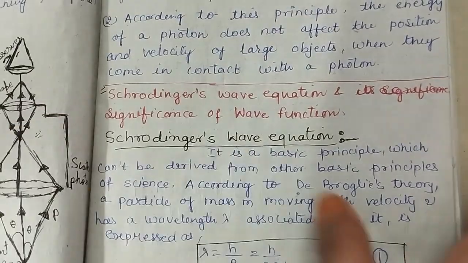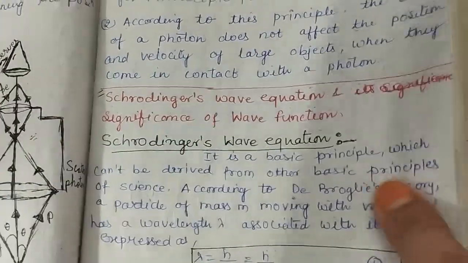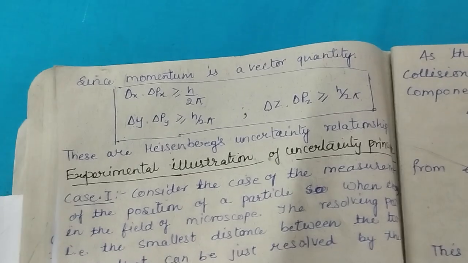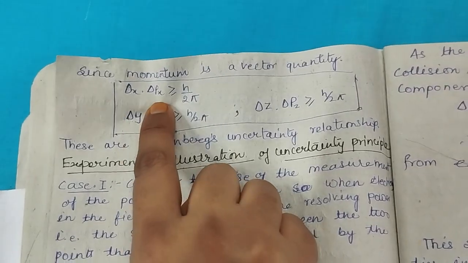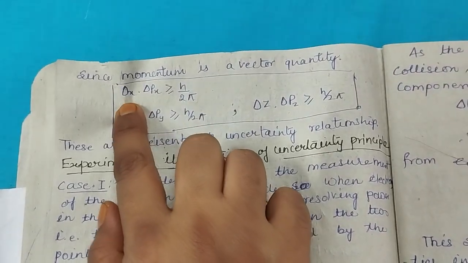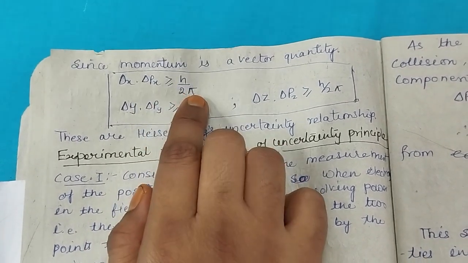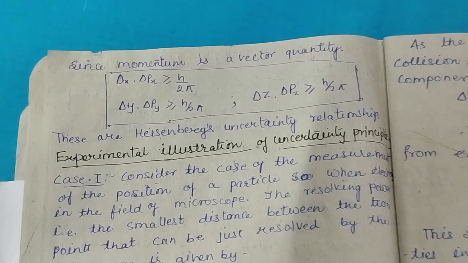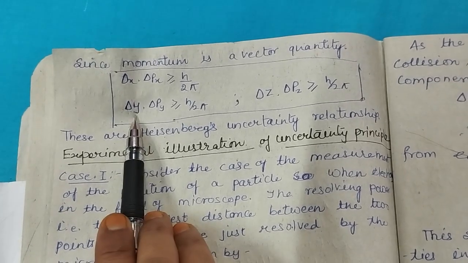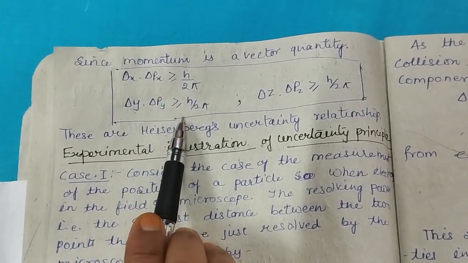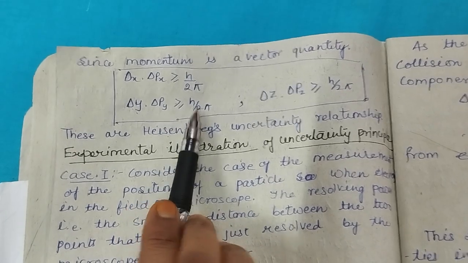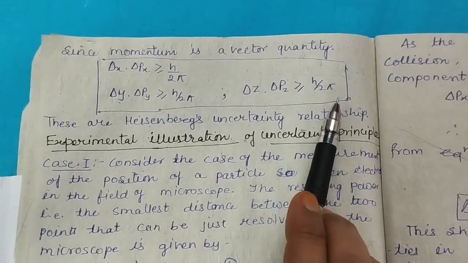So what we have is delta x delta px is greater than or equal to h upon 2 pi. The y coordinate will be delta y delta py, and the z coordinate will be delta z delta pz.